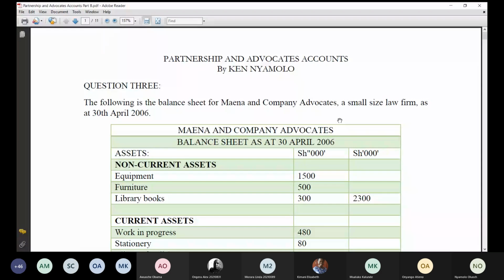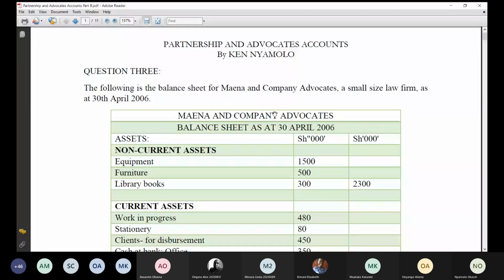So now I've brought a question. I call it question 3, and I'll read it for purposes of moving a little bit quickly. I believe by now, as we are reading, we are able to identify the credits and the debits very quickly.